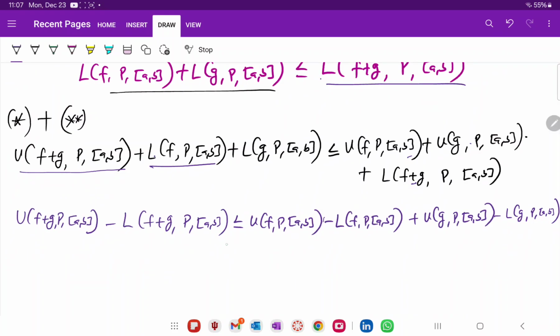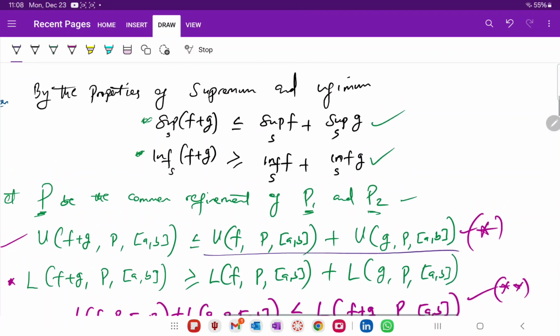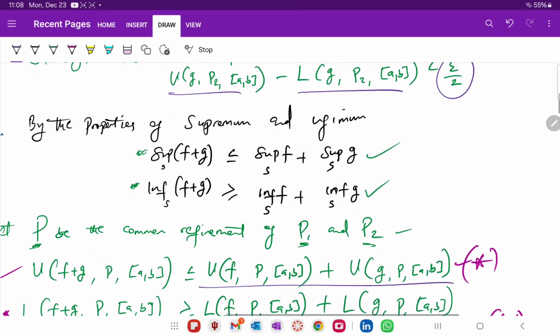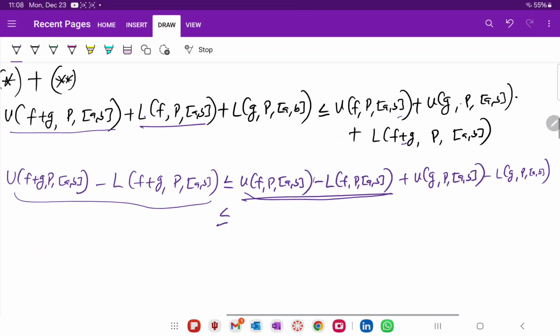So by definition these two guys are less than, so by our definition here we have this less than epsilon over 2, since f and g are Riemann integrable. So that means this is less than epsilon over 2, and this also is less than epsilon over 2, and that's less than epsilon.